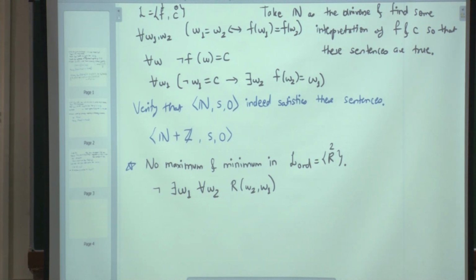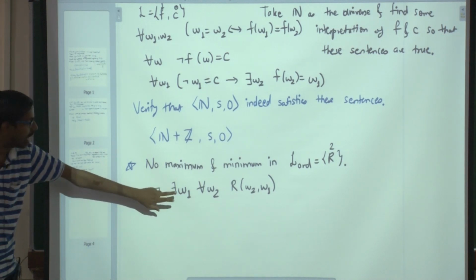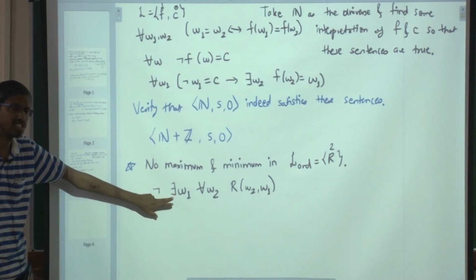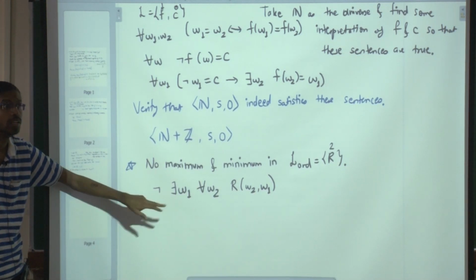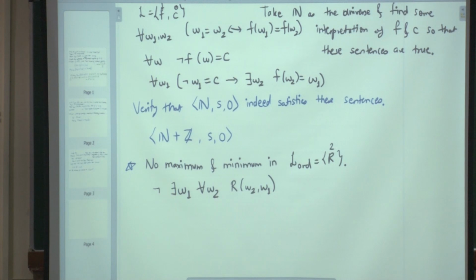So no maximum is the same as saying no maximal, and we saw the statement which says no maximal. And R should be interpreted as strict order or weak order here? Weak order.